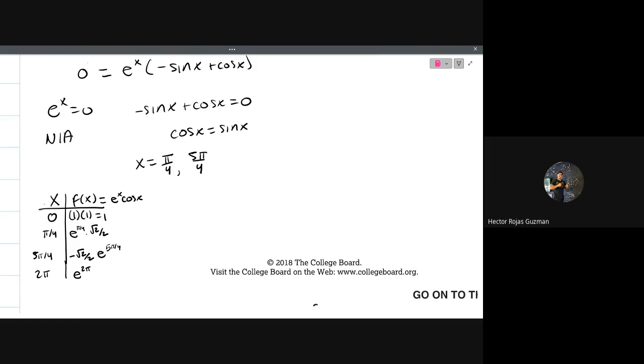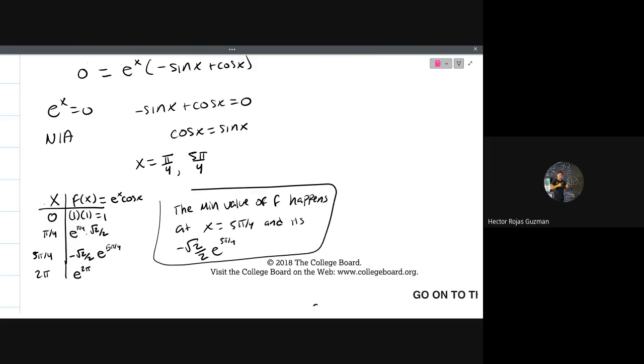So even though you don't have a calculator, it's pretty obvious that the minimum is the negative. There it is. 3 points for that question.